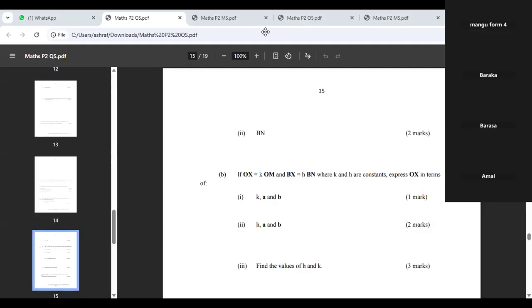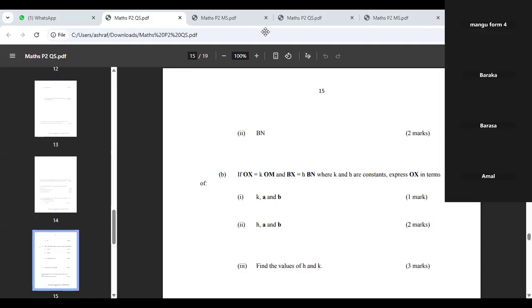Then, for those who have not gotten the values, we are equating the two equations of OX. So if we equate the two, we have on one side 1 minus H into bracket, then B plus a third AH is equals to 1/3 BK plus 2/3 AK. So I've arranged starting with B so that you can compare the coefficients.